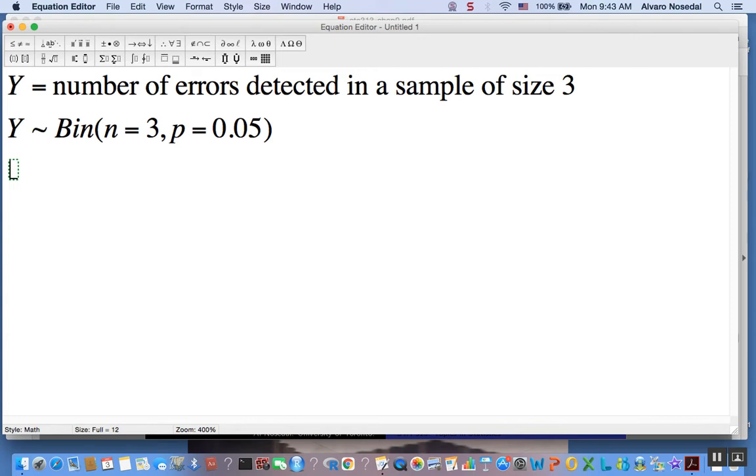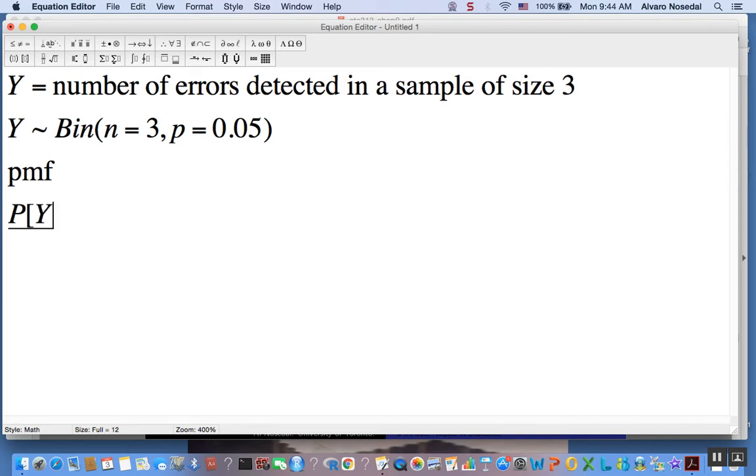Now, let me remind you what the probability mass function of a binomial distribution looks like. Let me use p.